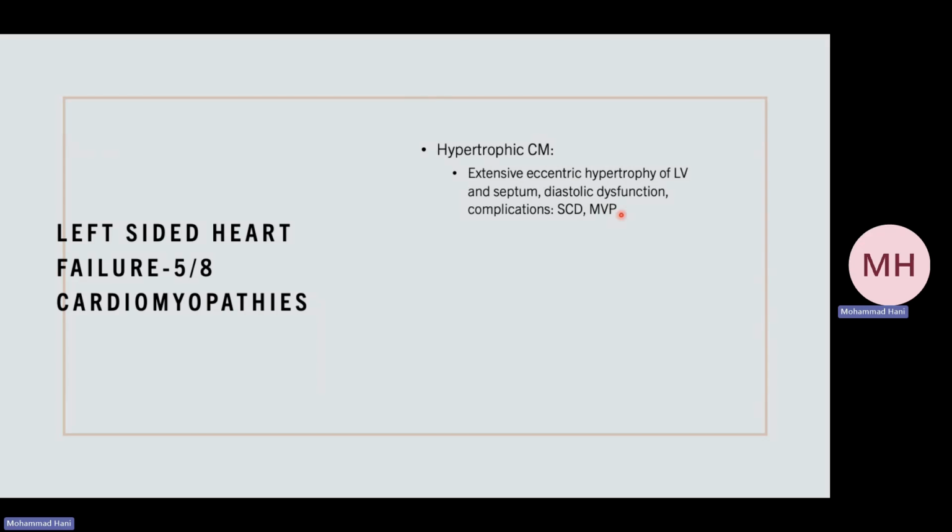What happens in mitral valve prolapse is that because of this extensive hypertrophy of the left ventricle and septum, it pulls the anterior leaflet of the mitral valve forward and upwards. If you can imagine the heart, let me just draw it out.